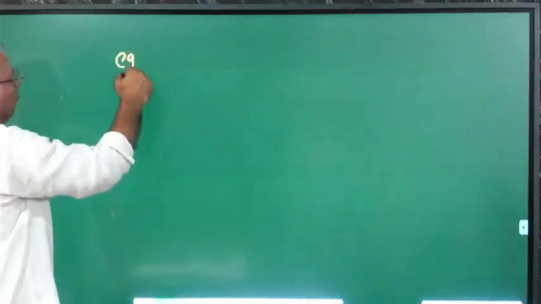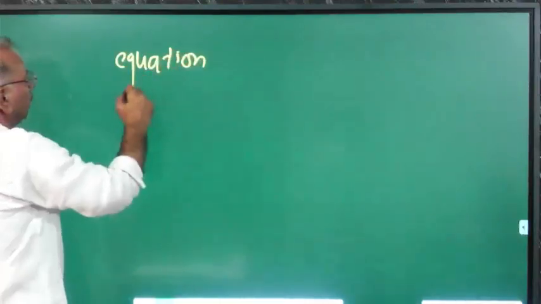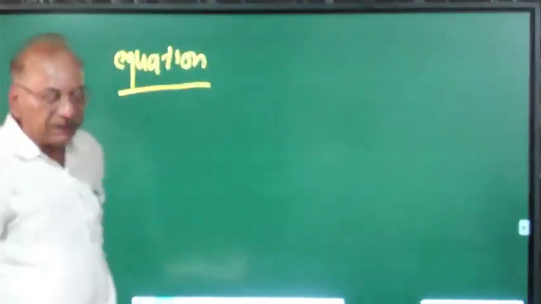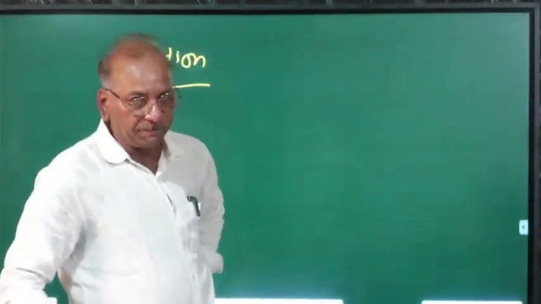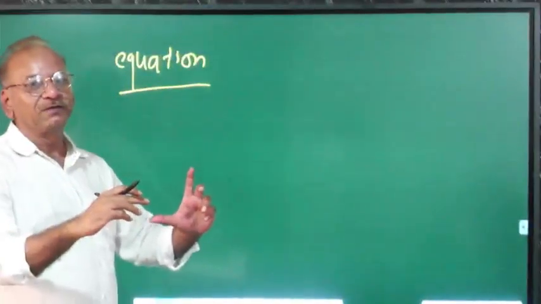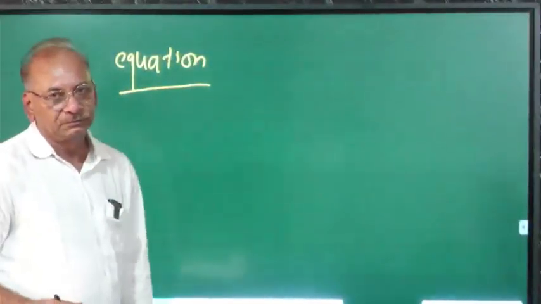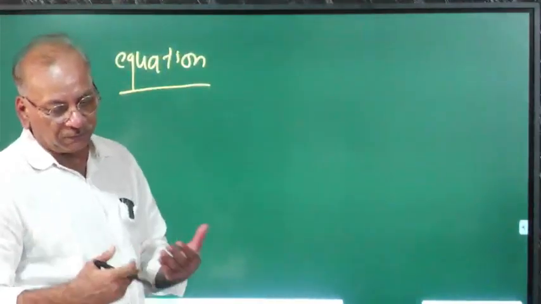Suppose in any unknown equation, you know what an equation is? An equation is simply a relation between two or more quantities, and they are equated with a certain law which we observe.